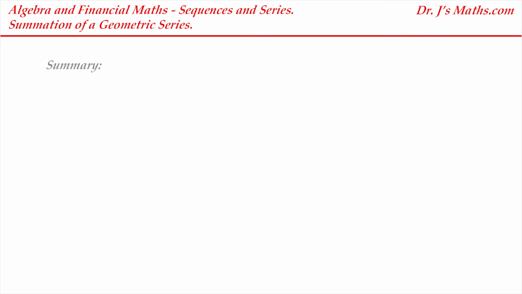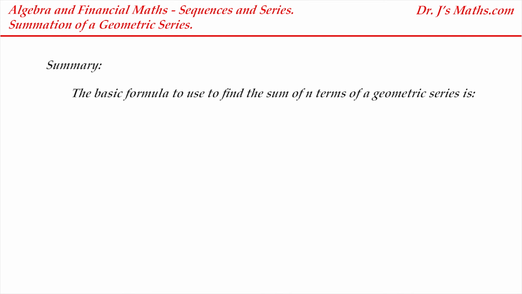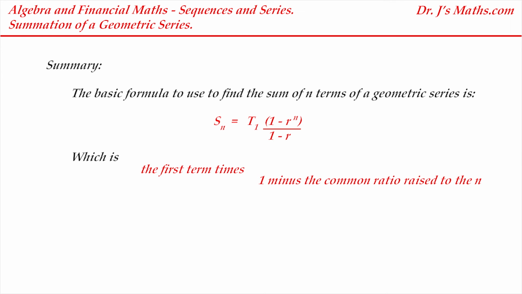So in summary, we have one basic formula to use to find the sum of n terms of a geometric series, and that is that Sn is equal to T1 times, bracket, 1 minus r to the nth over 1 minus r, which is, if we say it to ourselves, the first term times 1 minus the common ratio raised to the n divided by 1 minus the common ratio.